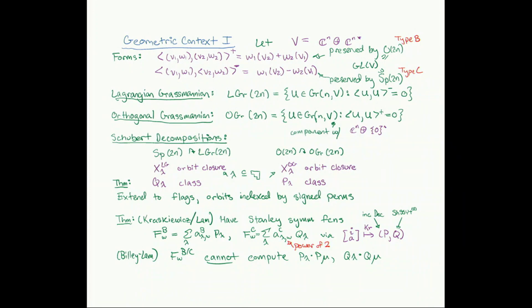And so the issue is, let's say I want to stick two signed permutations together in the same way that I did with the Stanley symmetric function for type A. If V has any negative entries, this is not a good map. And so because of that, I can really only use these Stanley symmetric functions to compute this product when V has no negative entries.